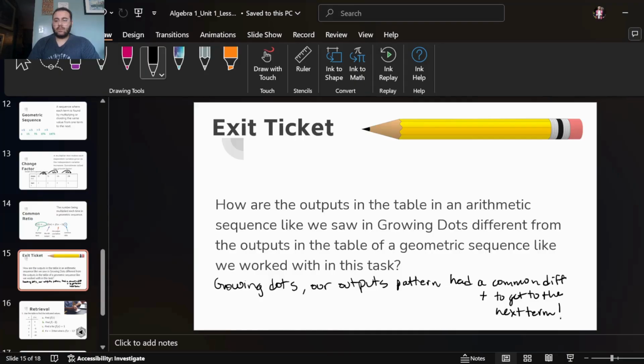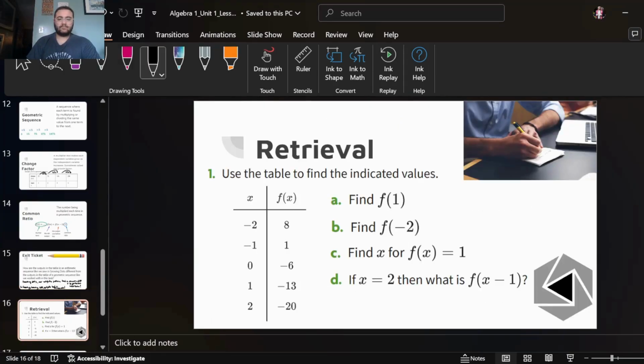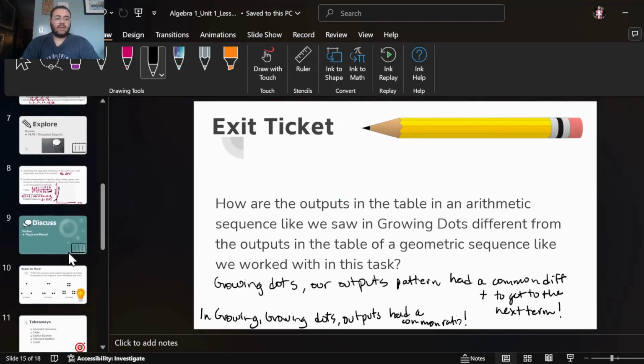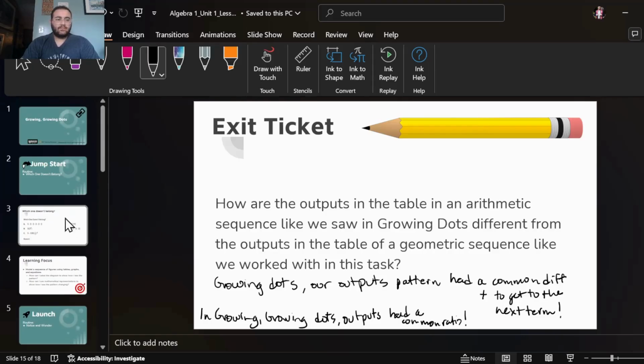In this lesson, outputs had a common ratio. So that is the major difference between these two lessons.